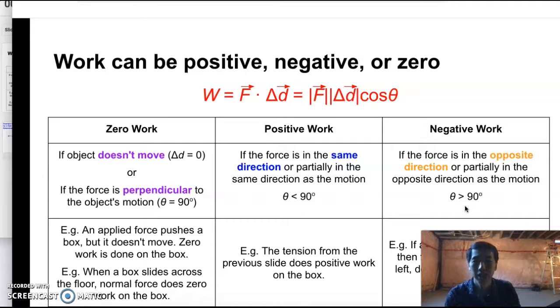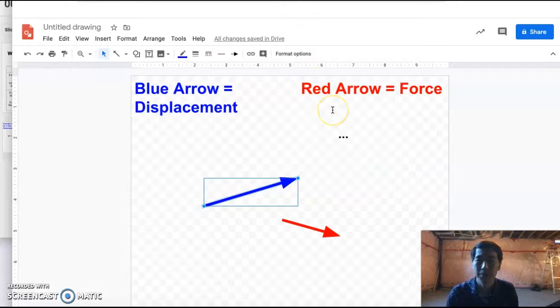So I'm going to try to identify if a force does negative, positive, or zero work on an object in various situations. I want to show you that in this video. To help, I'm going to draw some arrows to help you better visualize the angles. In these situations, my blue arrow is going to represent the direction of the motion of the object, or the displacement of the object.